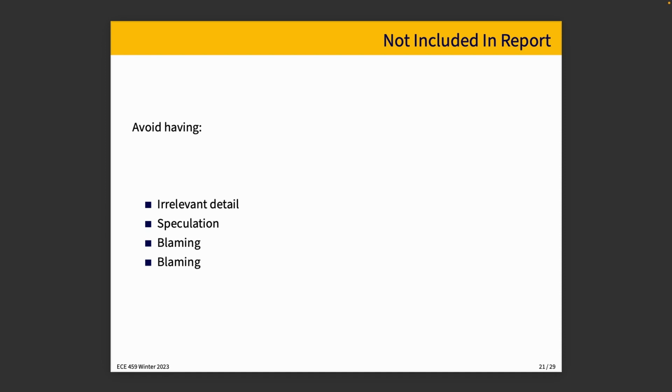Anything that is in the report that isn't helpful, doesn't matter, is just wasting time, reducing the likelihood that people read it or take action on it. We should also avoid speculation. Speculation is often wrong, and sometimes we are sort of forced to proceed without being totally certain about what happened or why. And educated guessing and theorizing is okay, but speculation is just guessing without any basis.